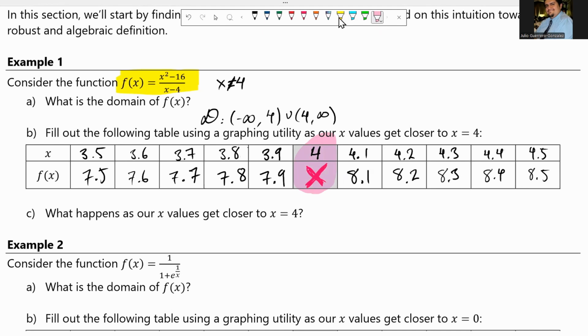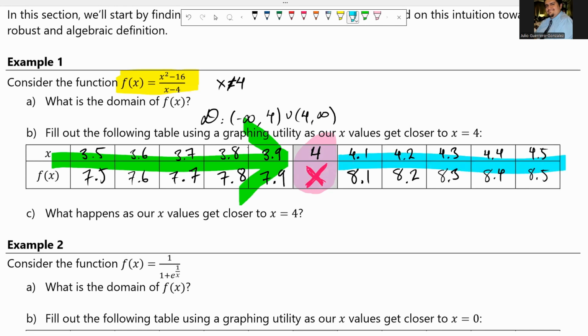But look at what happens. As I get closer this way on my x values, the y values are getting closer and closer to something else, right? And then same thing from this direction. If I start heading toward x equal 4 in this direction, my y values are getting closer to something else, and they just so happen to be the same thing.